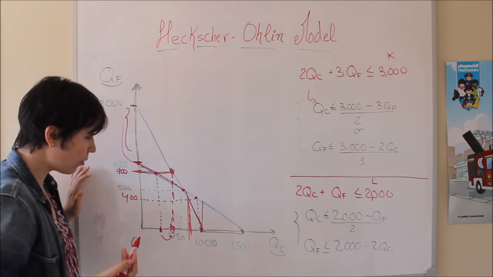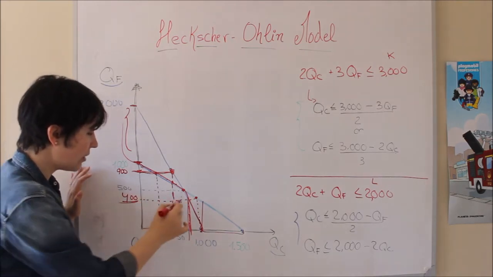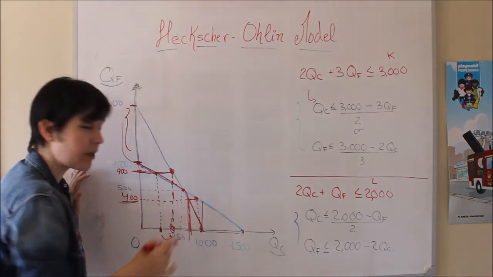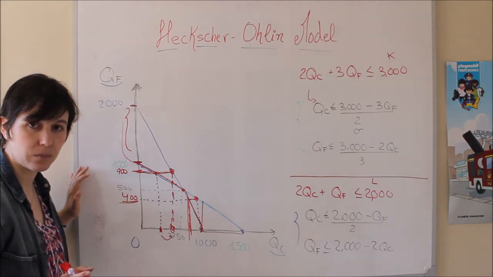The problem of that point of production when you are already producing this one is that there's going to be part of the capital that you are not going to use. Okay, that is the problem here.